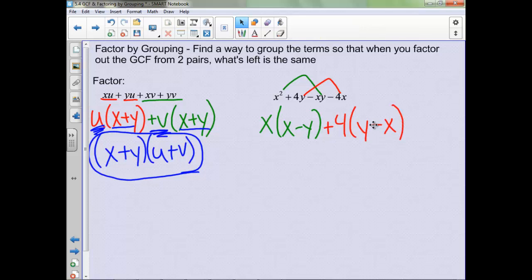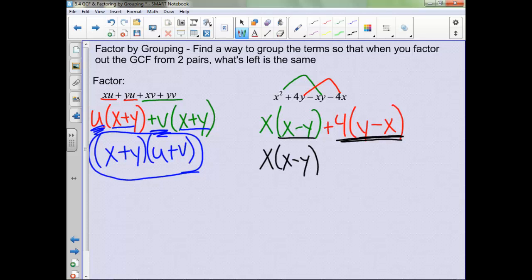Now notice these aren't quite the same, but they're very similar. They're only off by a factor of -1. So let's actually factor a -1 out of this piece in the back. So we'll have our x times x minus y. And if we factor out a -1, this will become -4, and this will become -y plus x.